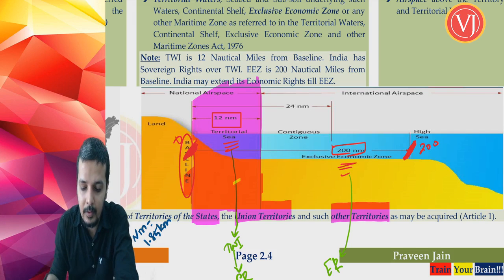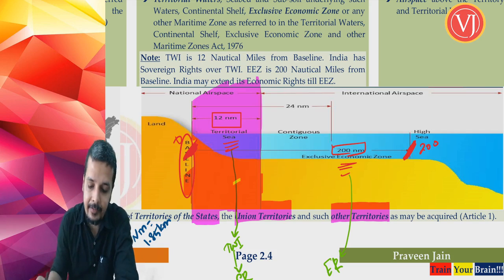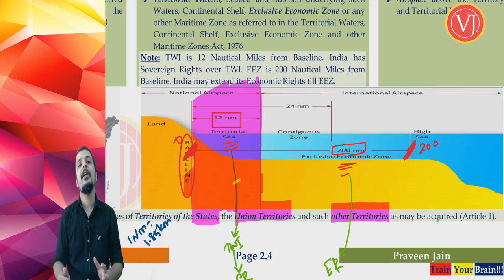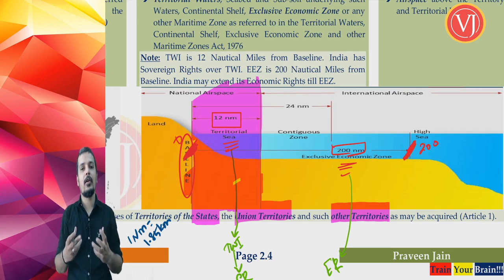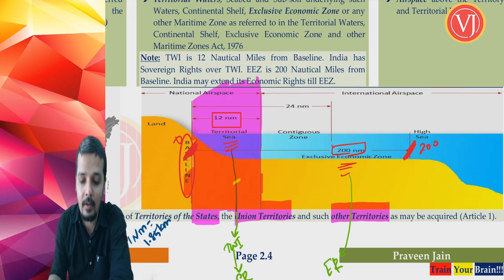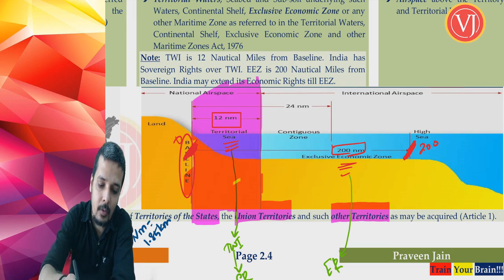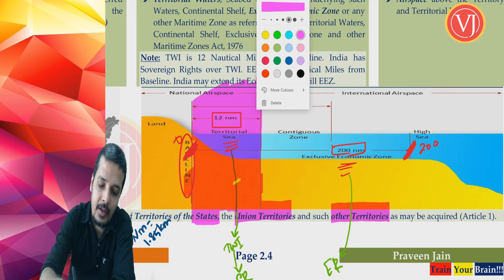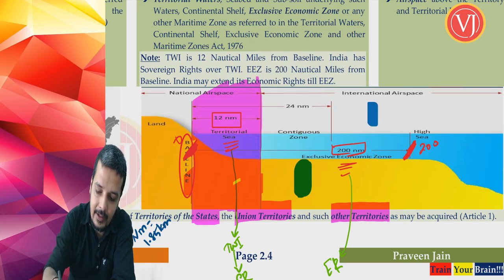So in this exclusive economic zone, which again starts only from the baseline, India has economic rights for taxation purposes, for tax law purposes. The Indian government can extend the sea area up to the exclusive economic zone. Whether it will extend throughout the exclusive economic zone, it won't. It will extend only in designated areas.